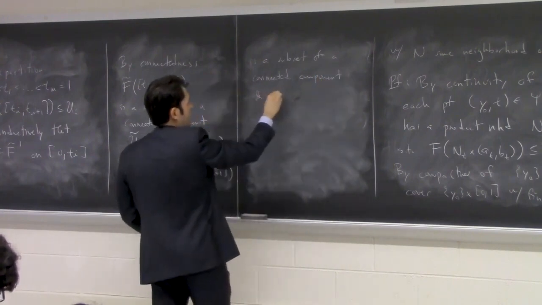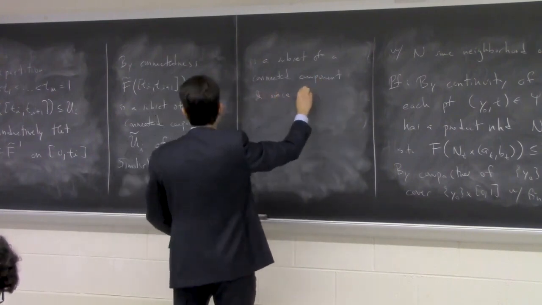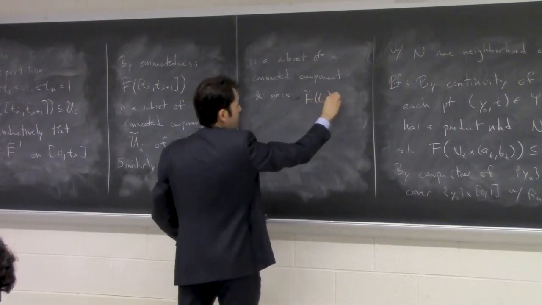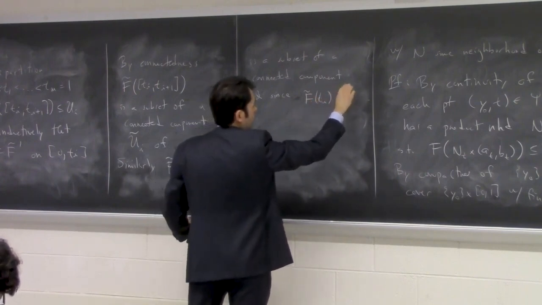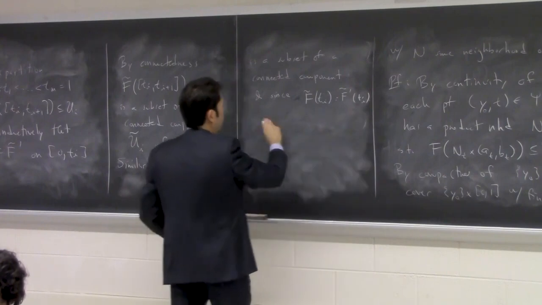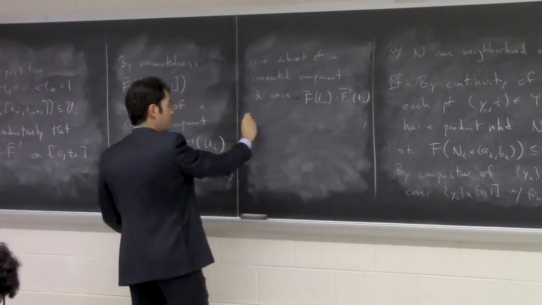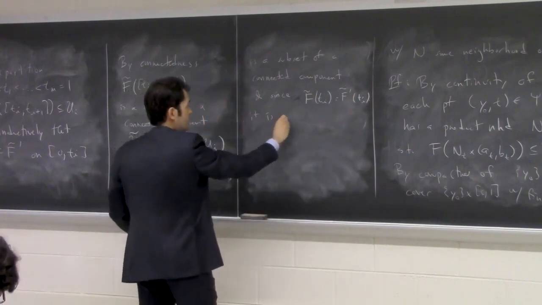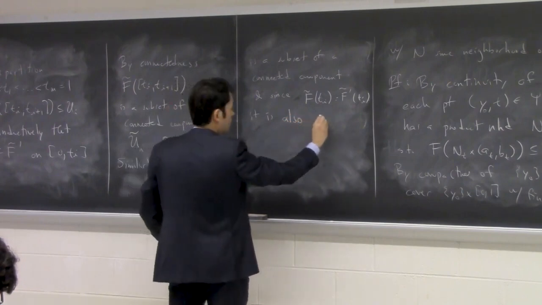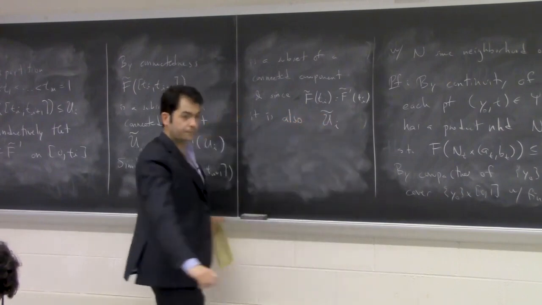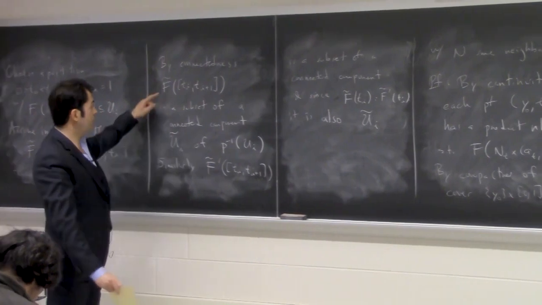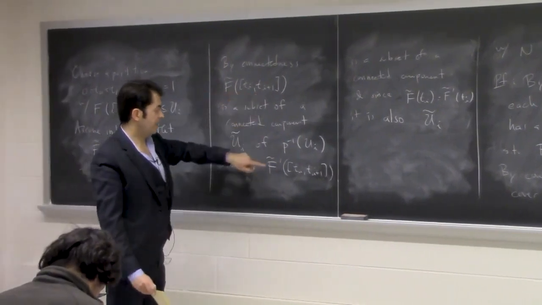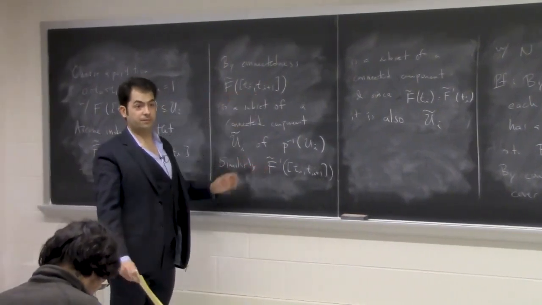And since they coincide, F tilde of Ti is equal to F tilde prime of Ti, it's the same connected component, Ui tilde. Right? So whatever connected component F tilde is landing in, F tilde prime is landing in the same one.